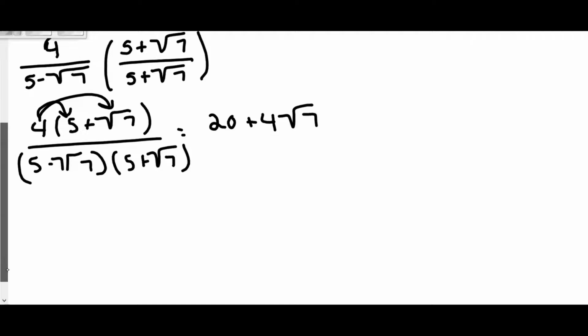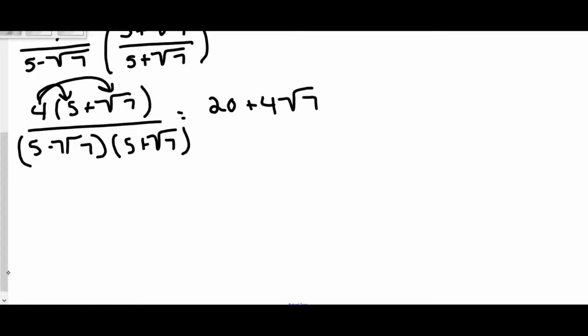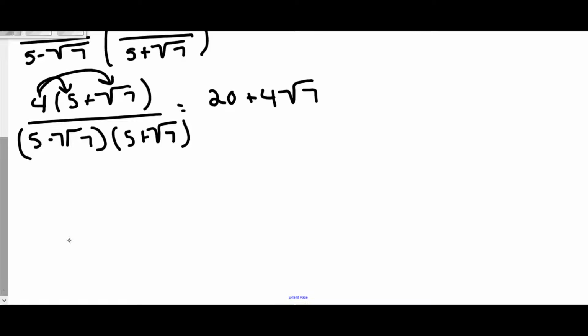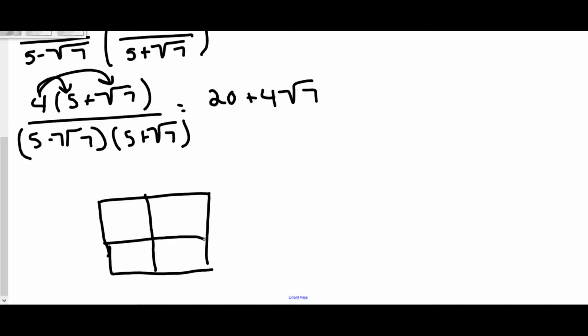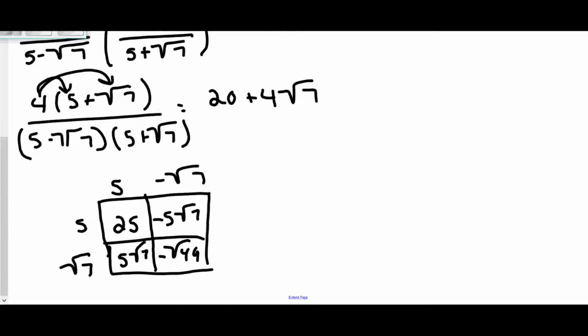The bottom, you could either double distribute, FOIL, or use the box. I'm going to use the box method because I think it's just neater and more organized. 5 negative rad 7, 5 positive rad 7. And then you're just going to work your way through the box.